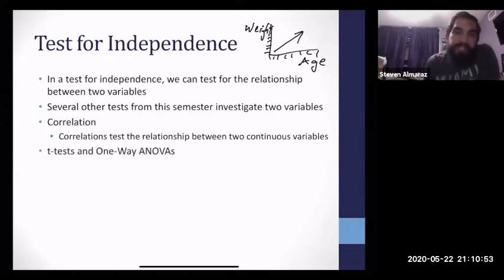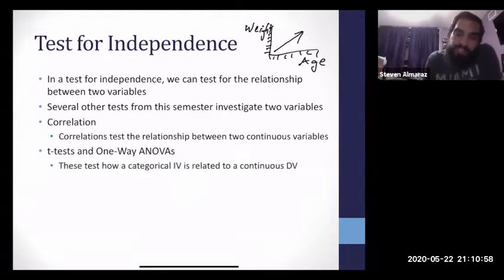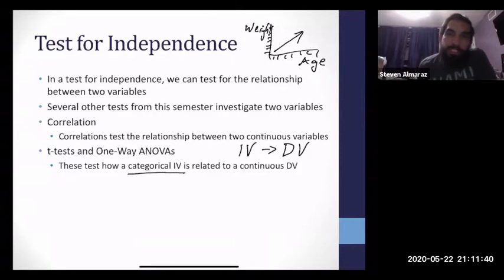Next, we had t-tests and one-way ANOVAs. Now, these are a little bit different from correlation. With t-tests and one-way ANOVAs, we start with a categorical independent variable. We split our participants into groups, either two groups for t-tests or three or more groups for one-way ANOVAs. And then we asked, does that IV impact our DV? So there's really two different situations under which we might use a correlation or a t-test or one-way ANOVA, and it's dependent on what kind of variables we have.